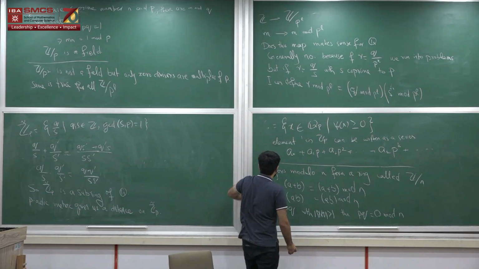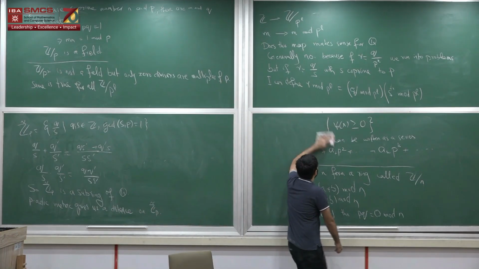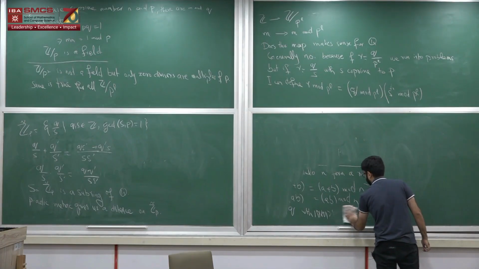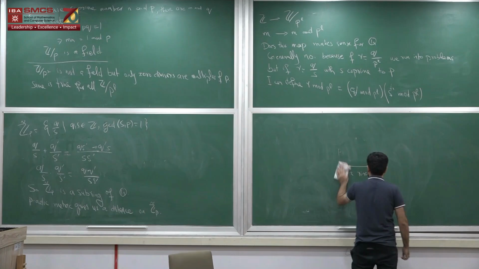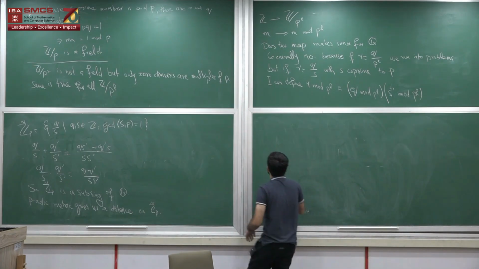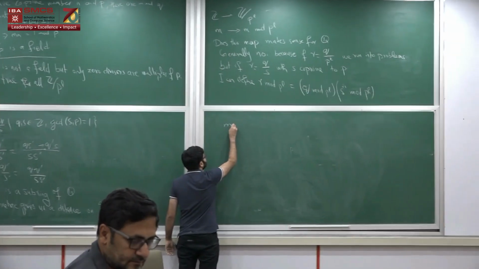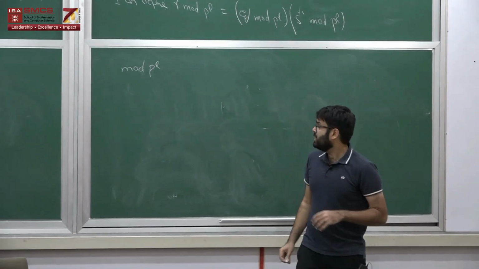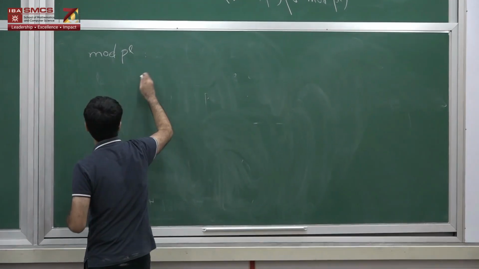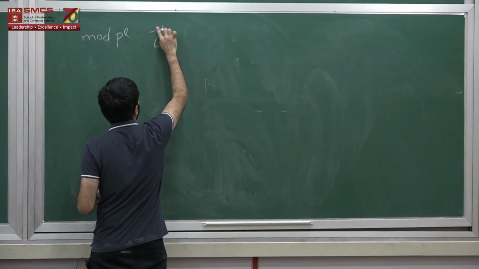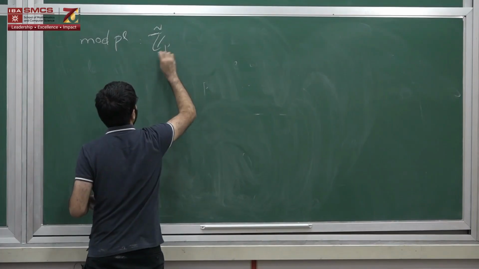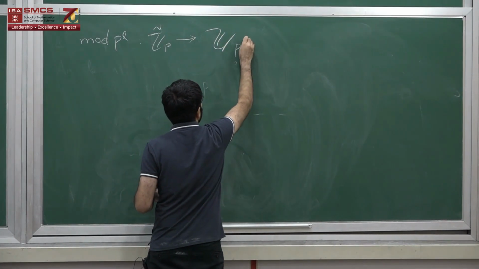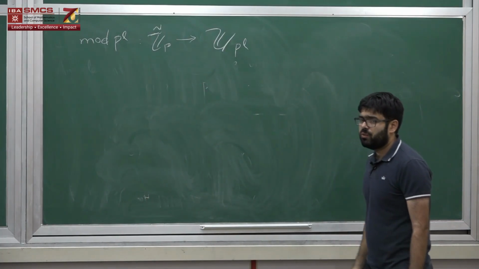Okay, let me erase this. So there is a map mod p to the L, and L can be any integer here, and this map goes from this Z tilde p to Z mod p to the L, and it works in the obvious way.